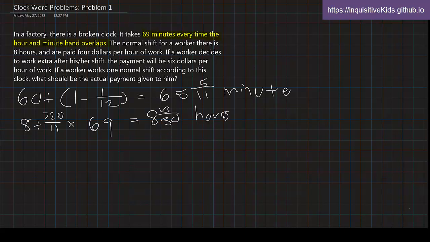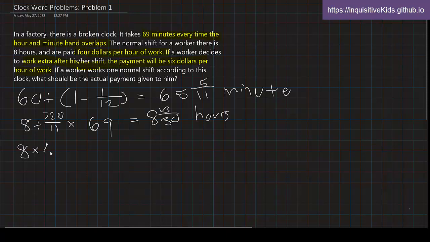So what we're going to do then is take the number of whole hours here, which is 8, and over here it says these 8 hours are going to be paid $4 per hour of work, and if it's extra work, then it's going to be $6 per hour of work.